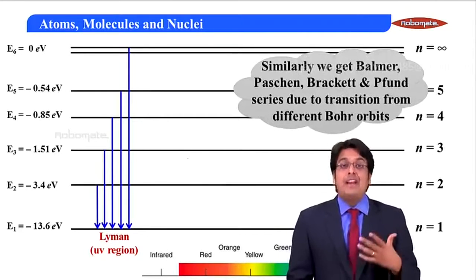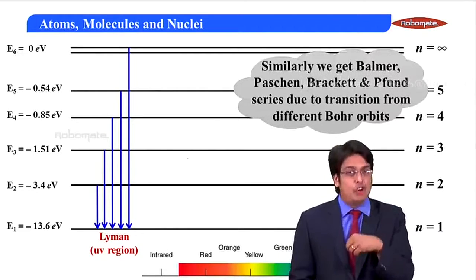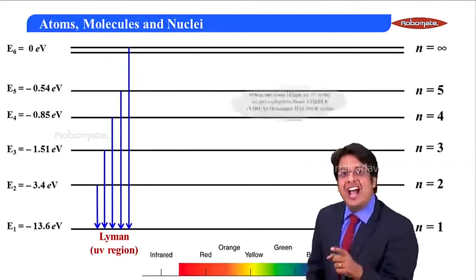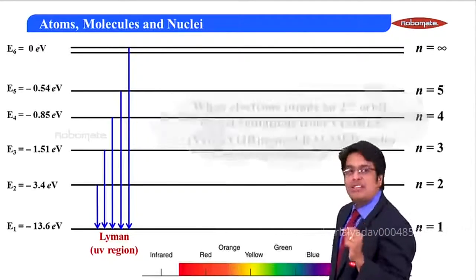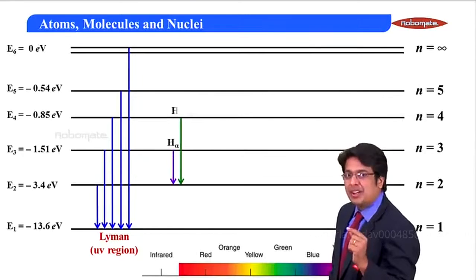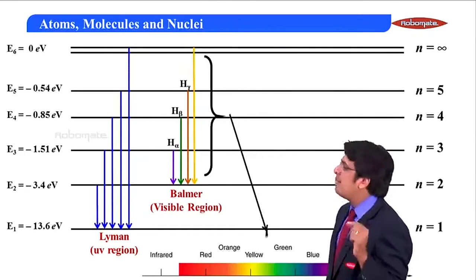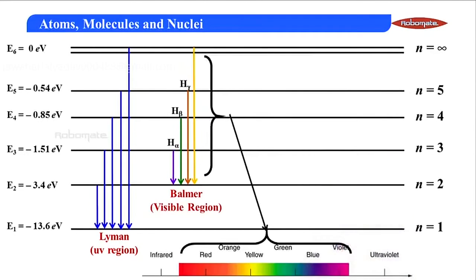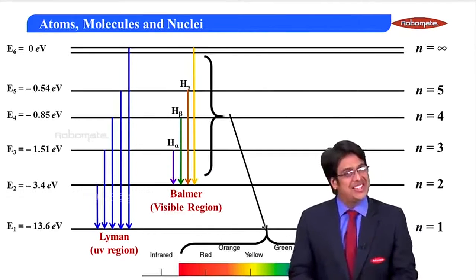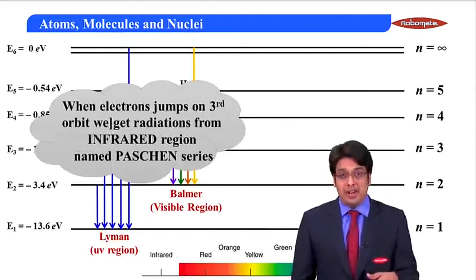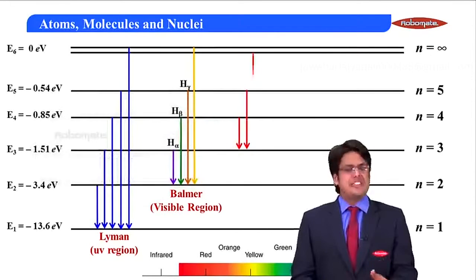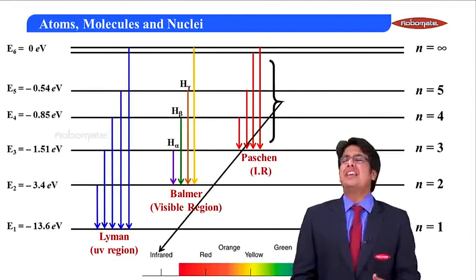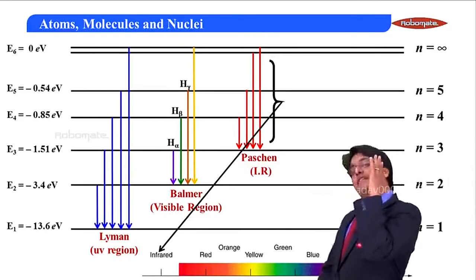Then, when the electron jumps to the second orbit, that's what Balmer saw. And what he saw were the following lines: H alpha, H beta, H gamma, H delta. That means this entire thing belongs to the visible light. That's called Balmer series. When they jump to the third orbit, we get another series by another person. That's called Paschen, and this entire series lies in the infrared.